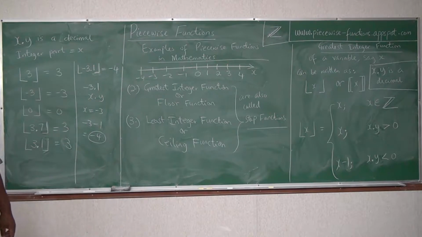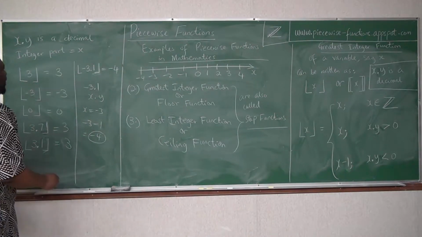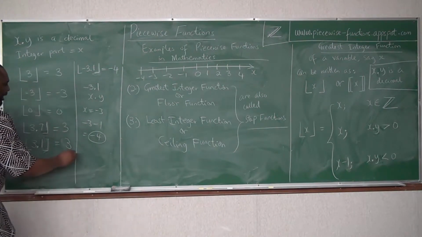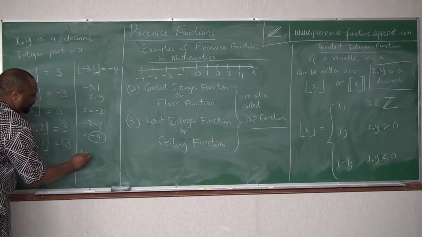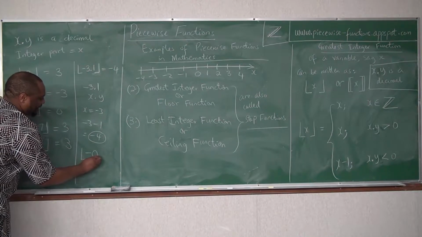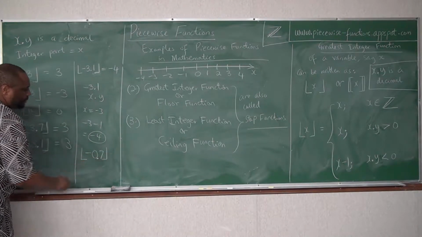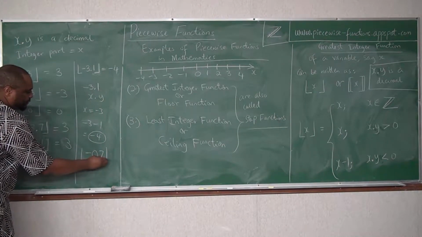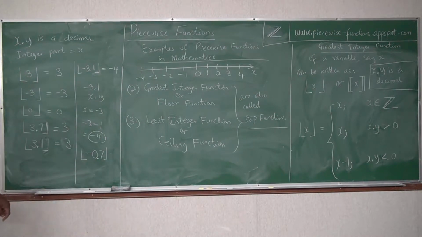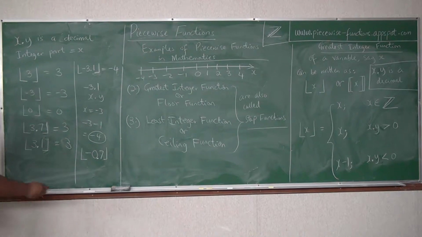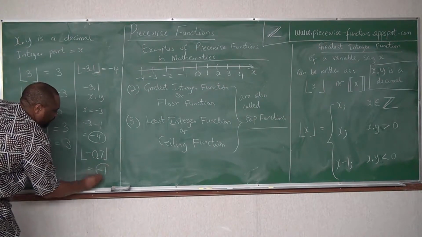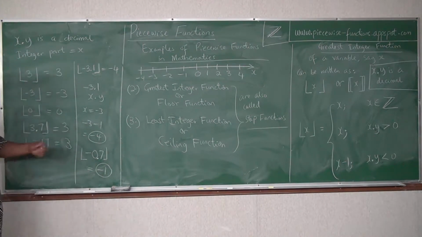What if you have the greatest integer of -0.7? In this case, your x will be -0. -0 - 1 is -1.